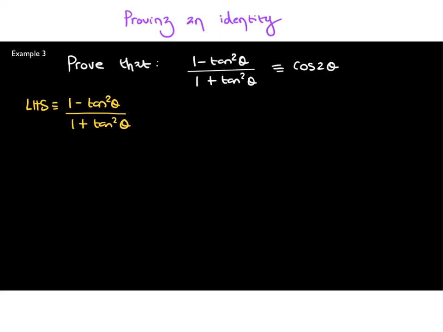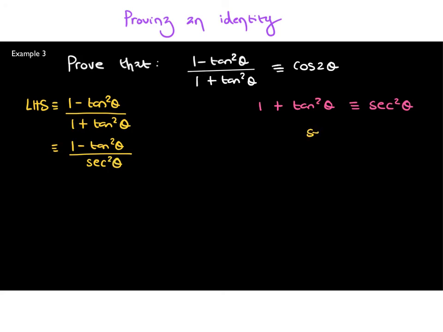Now, I am aware that there is an identity that we have used previously, whereby we know that 1 plus tan squared theta is equivalent to sec squared theta. We learned about that previously. It's one of the 3 Pythagorean identities. So we can replace the denominator with sec squared theta.